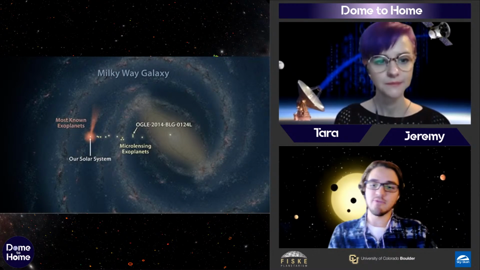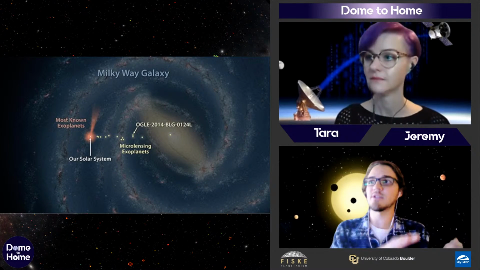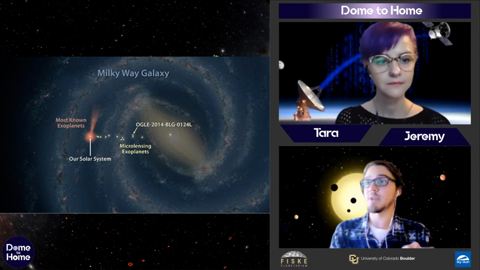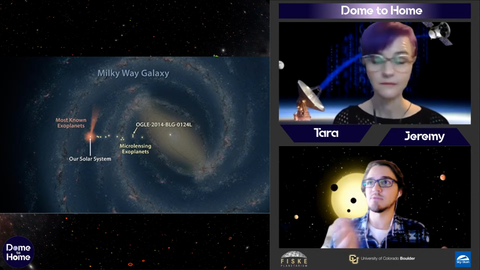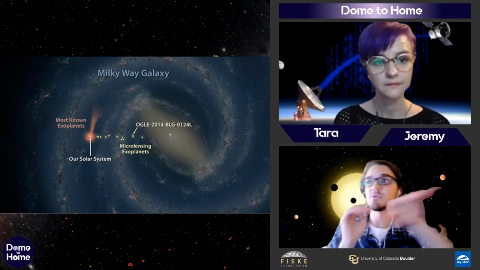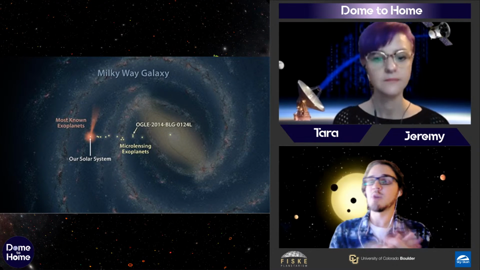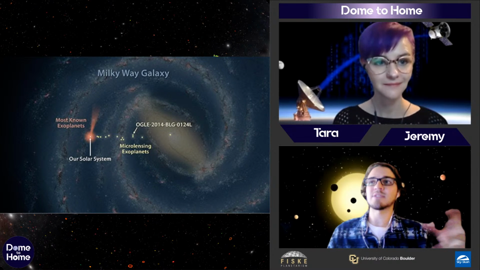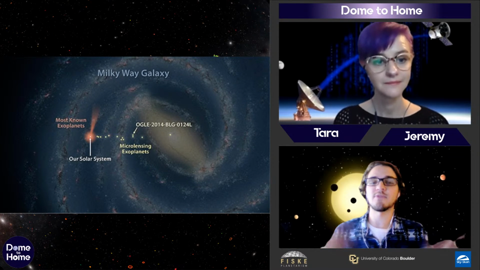And then if we looked towards the center, you could see there's a little string of a lot of planets that we found with the microlensing technique that are all towards the center of the galaxy. But really, outside of our own little galactic neighborhood, we really haven't found any planets yet.